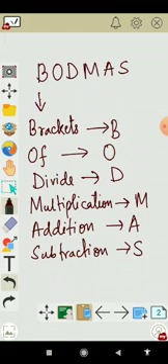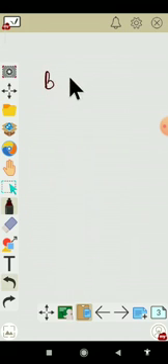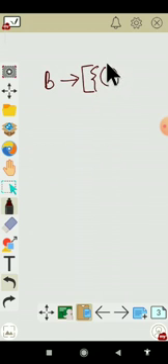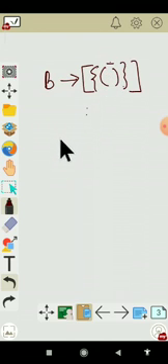Now, brackets also have four types of category. These four brackets are written here. First we have to see the bar. If a bar symbol is there in the given question, then the bar symbol's work will be done first, then the first bracket, then the second bracket, and then the third bracket.